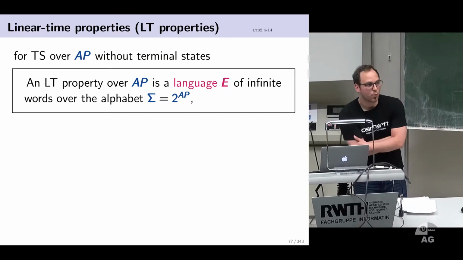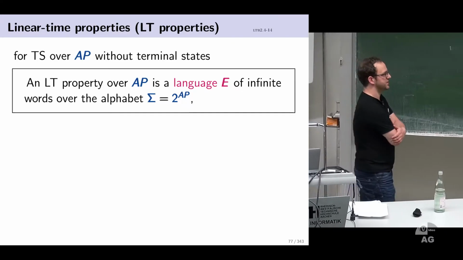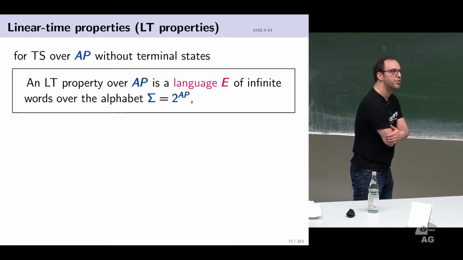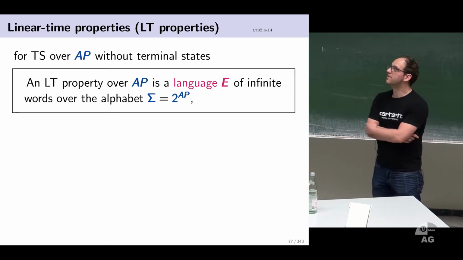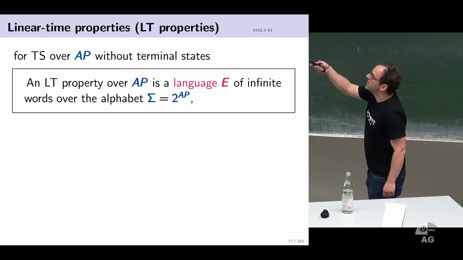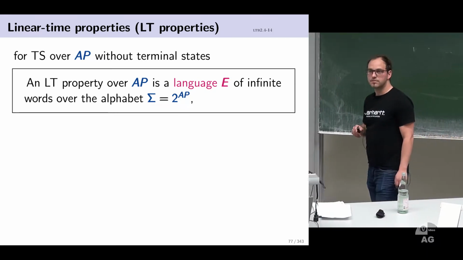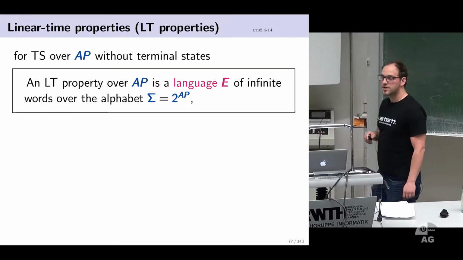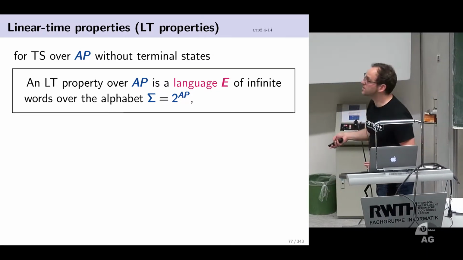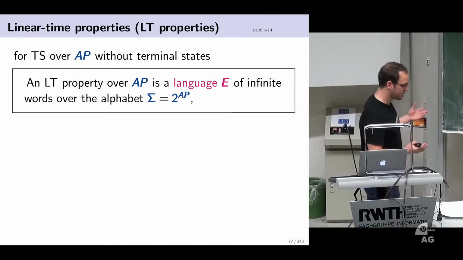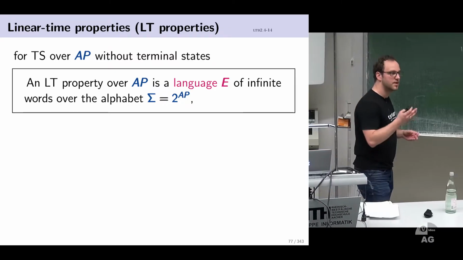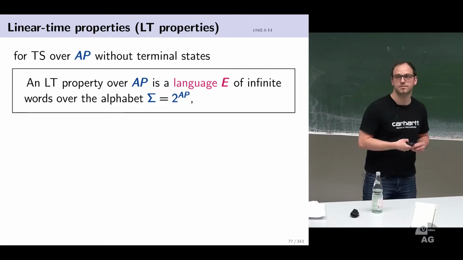Okay, so what is a linear time property? A linear time property is nothing else than a set of infinite words over the alphabet 2 to the AP, right? So if you give me any language of infinite words over the atomic propositions of some transition system, then this is a linear time property.